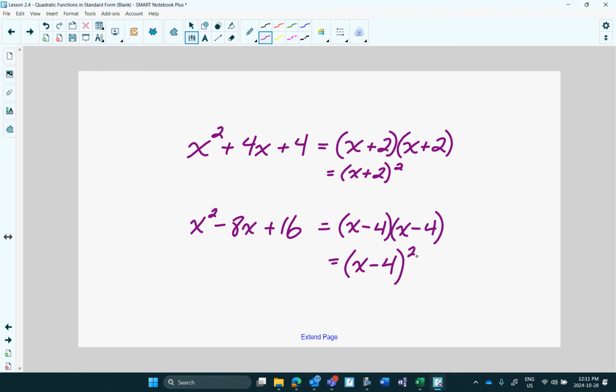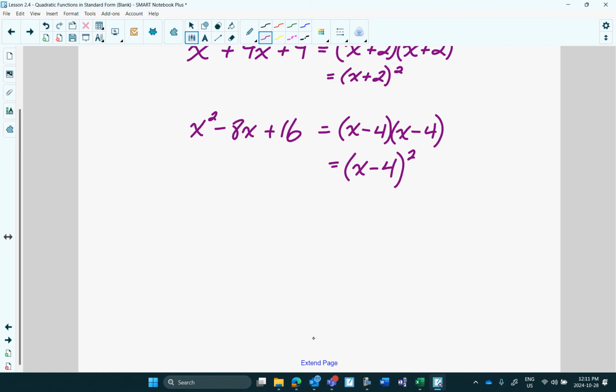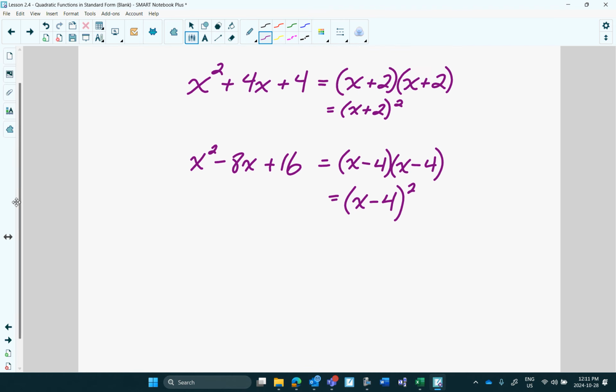How do I make a perfect square? What if I said this? What would you fill in as the number? This would be a perfect square.